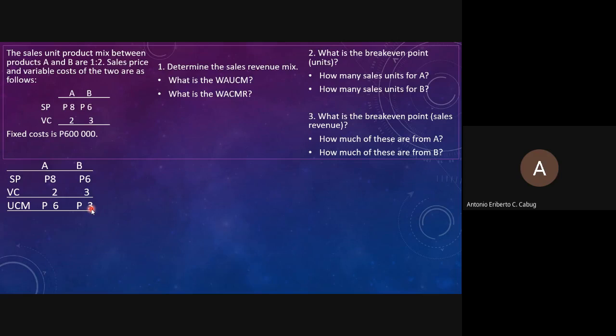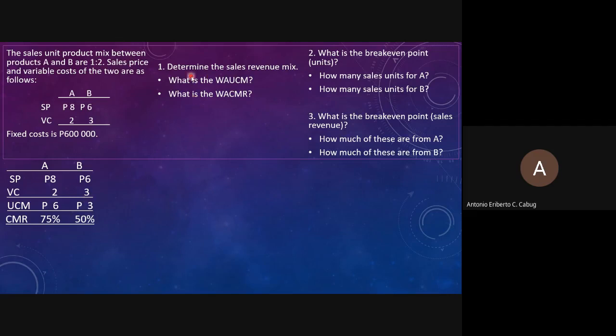Afterwards, you are to calculate the CMR as well, the contribution margin ratio. So, the contribution margin ratio for A is 6 divided by 8, that's 75%. For B, it's 3 over 6. You have 50%. Okay lang? So 75%, that's 6 over 8. 50%, that's 3 over 6.